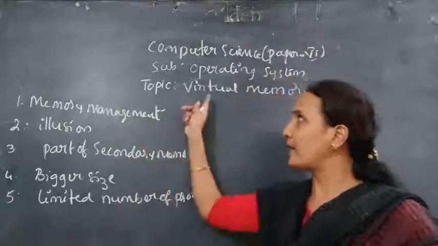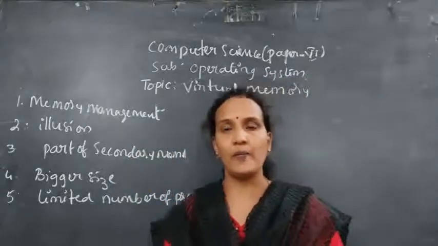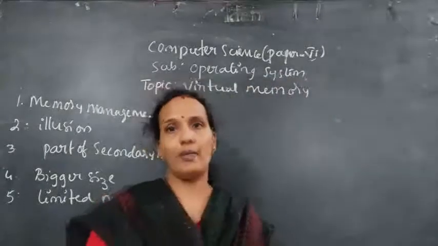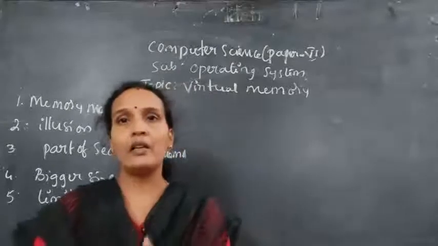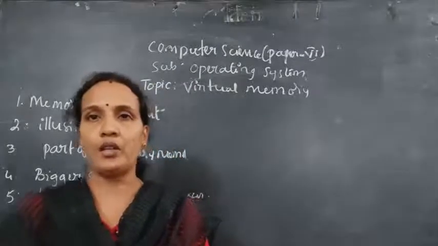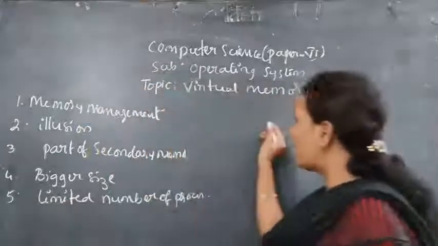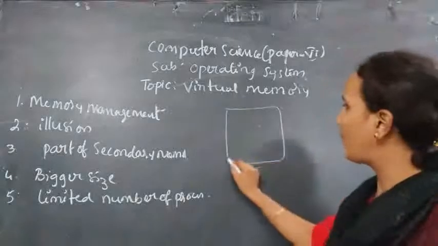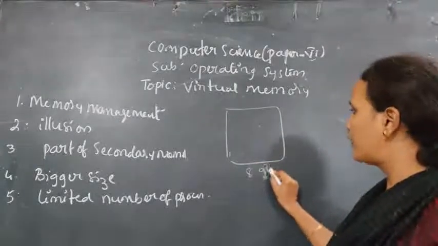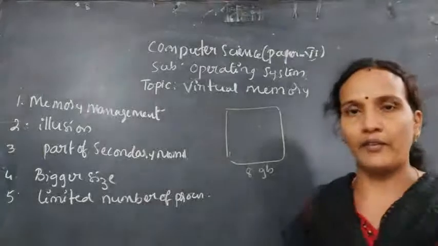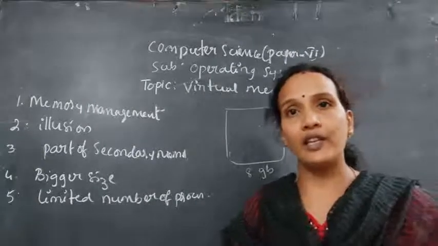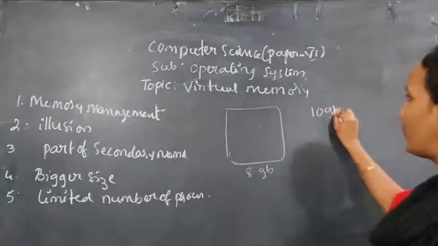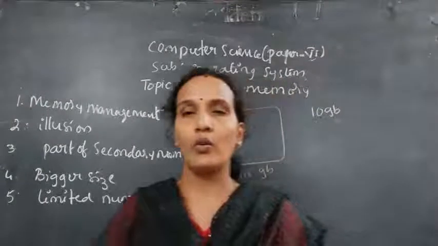And this virtual memory provides an illusion of a bigger memory than the actually available memory. For example, in the system we have 8 GB RAM, 8 GB primary memory, but it will provide an illusion that a user can execute a 10 GB user program.